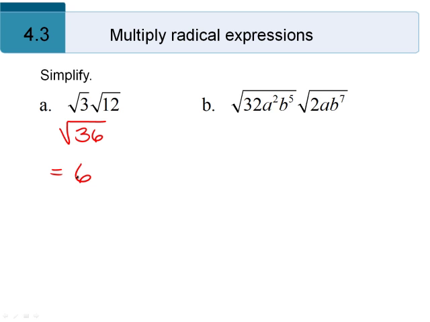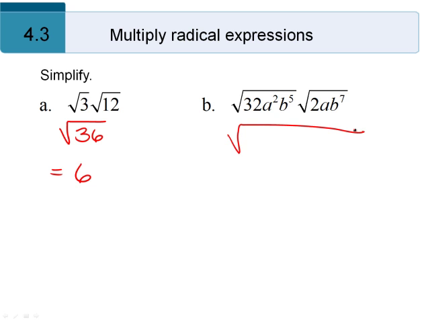Okay, letter B. Now we have numbers and variables. So remember, you're going to multiply the coefficients, and we're back from chapter 3, when you multiply, you add your exponents. So we have the square root of 32 a squared b to the 5th, times the square root of 2ab to the 7th.